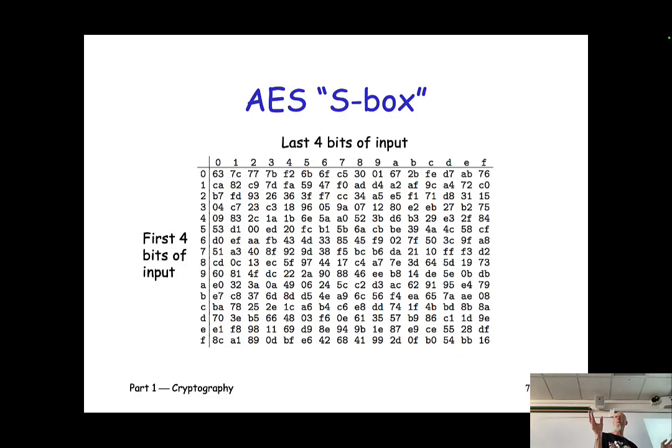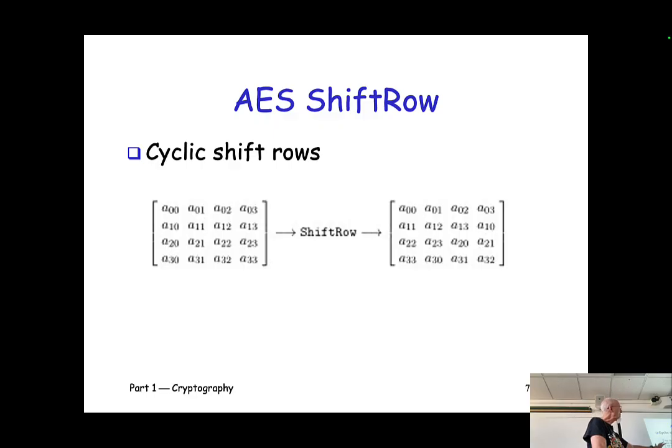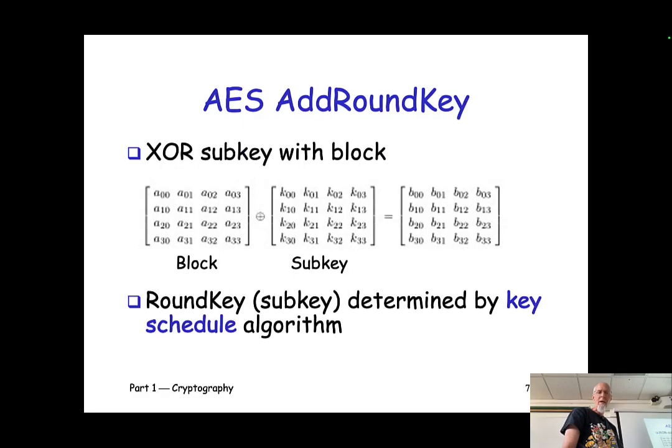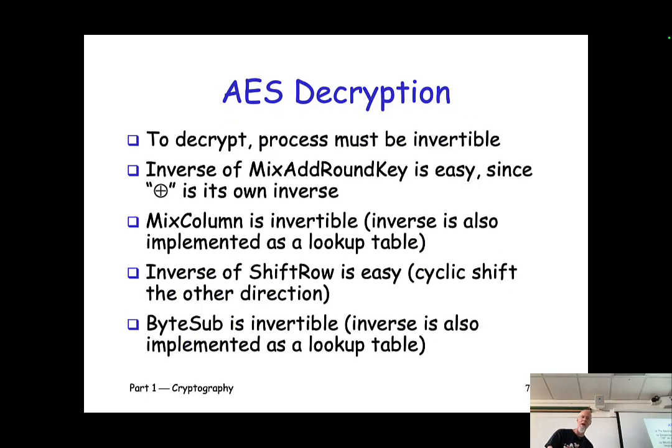So kind of like the S boxes, you have this big lookup table in AES. There's these shifts. These are kind of comparable to the permutations that we saw in DES, and there's a couple of these things that happen as part of AES. And then there's an XOR, very much like what we saw with DES. You XOR the subkey in each round. And there's a way to generate which bits of key you use and all that.